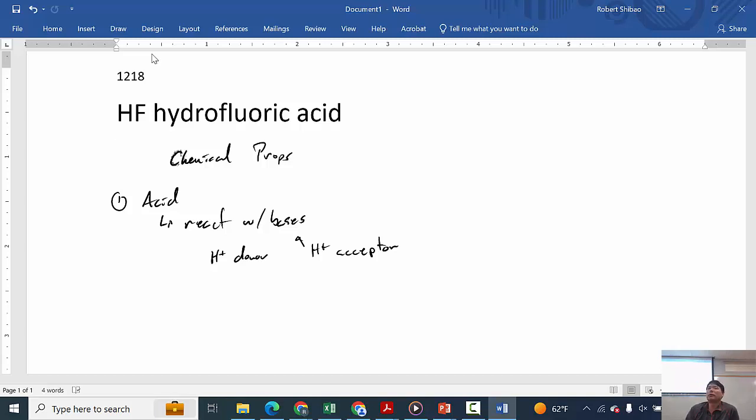But will it react with all bases? What do you think? Hydrofluoric acid, does that react with all bases? If we want to be more specific, the question is, which bases will HF react with?